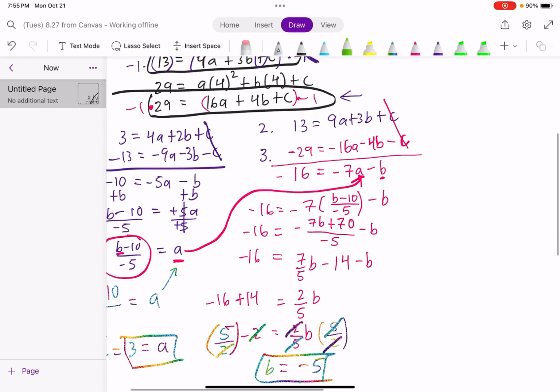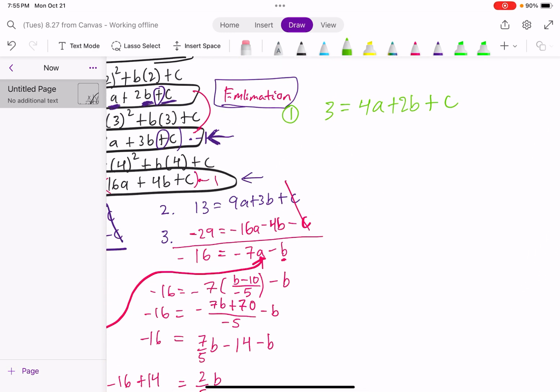So we're going to plug those in. 3 equals 4 times 3, that's our a value, plus 2 times negative 5, that's our b value, plus c. 3 is 12 minus 10 plus c. 3 is 12 minus 10 is 2 plus c.